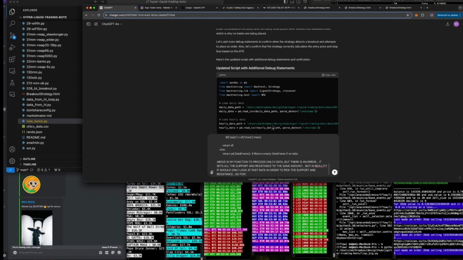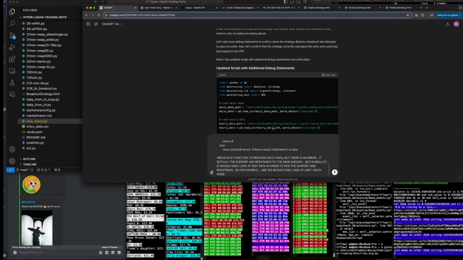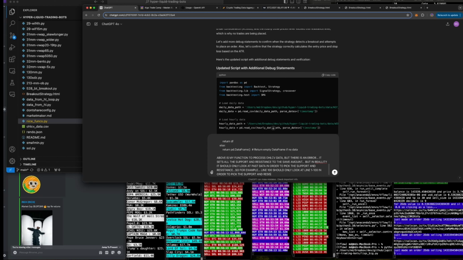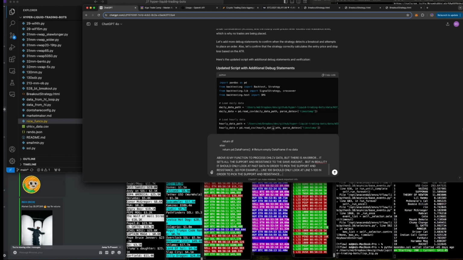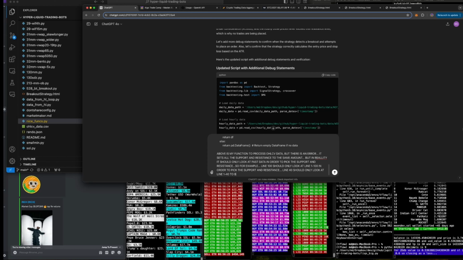So for example, line 100 should only look at line 1 to 100 in order to pick the support and resistance. Line 40 should only look at line 1 through 40.